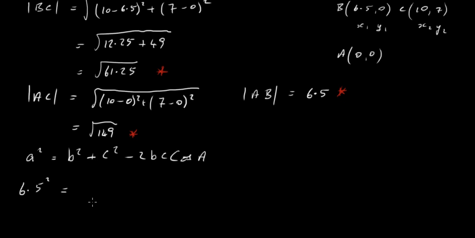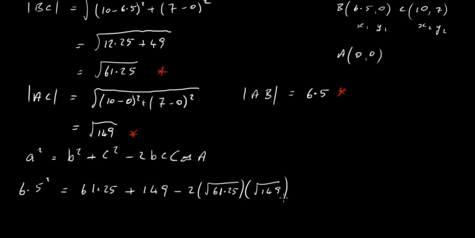So it's the square root of 61.25 squared, which is just 61.25, plus the other side squared, the square root of 149 squared is just 149, minus twice the square root of 61.25 times the square root of 149 times the cosine of, we'll call it A here. This is what we're looking for, this angle here, A.